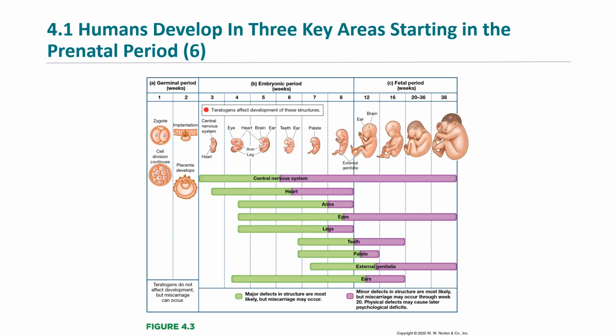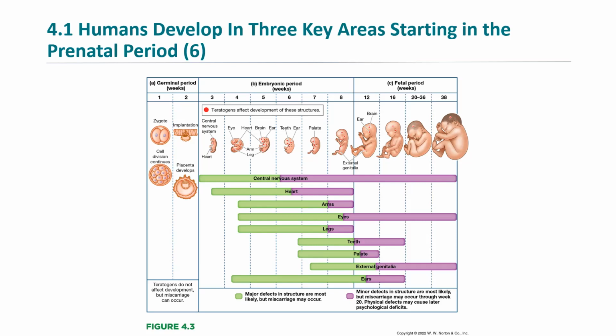And when there is a problem in those first 2 weeks and there is a miscarriage, in the majority of cases the woman would not even realize that conception or fertilization had taken place. It's really too early. Sometimes, for instance, that cluster of cells just fails to implant into the uterine wall, and it ends up being discharged during menstruation without implanting properly. So that's one of the common issues that occurs.